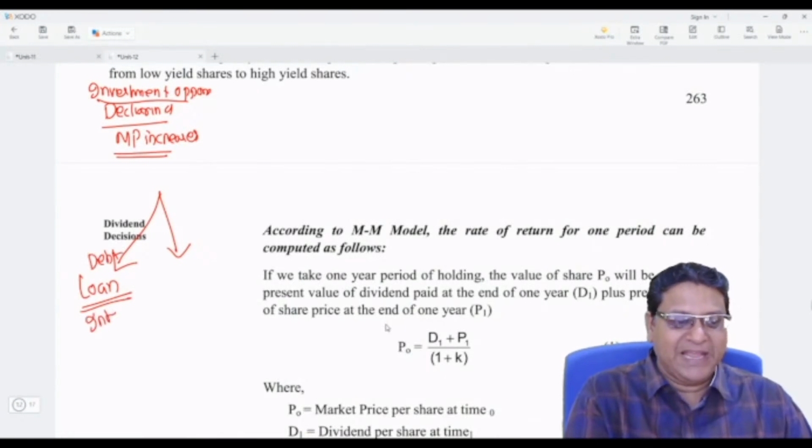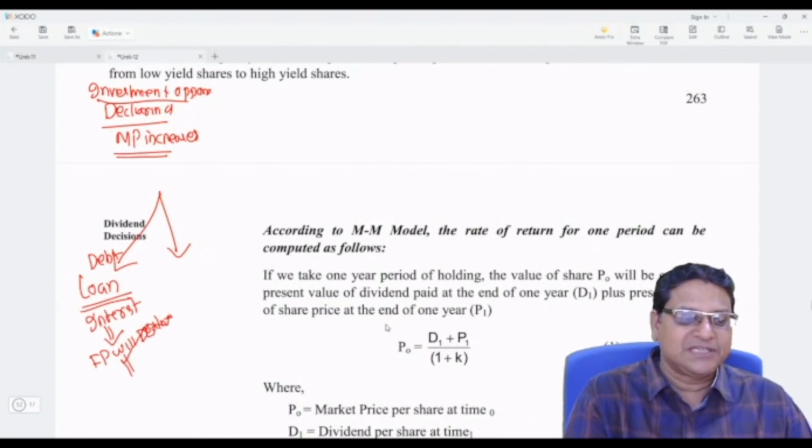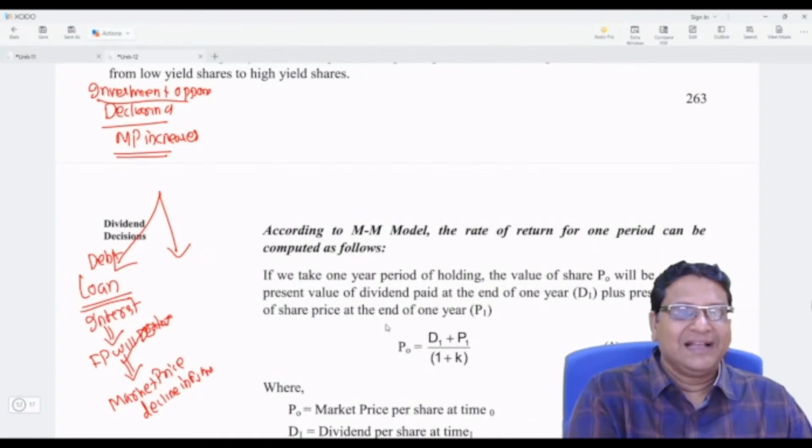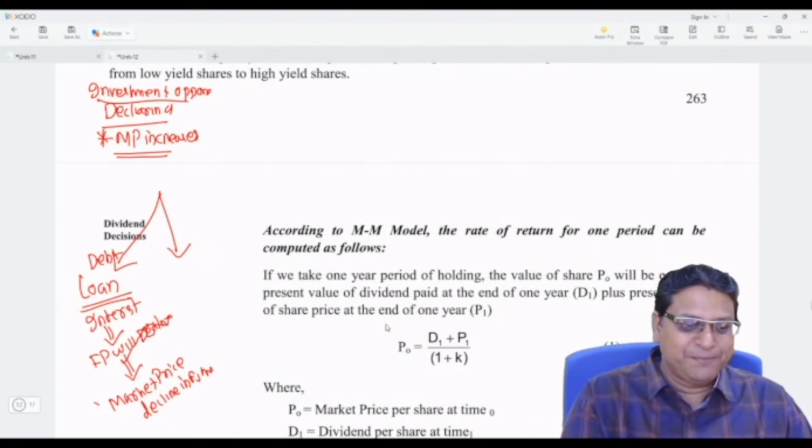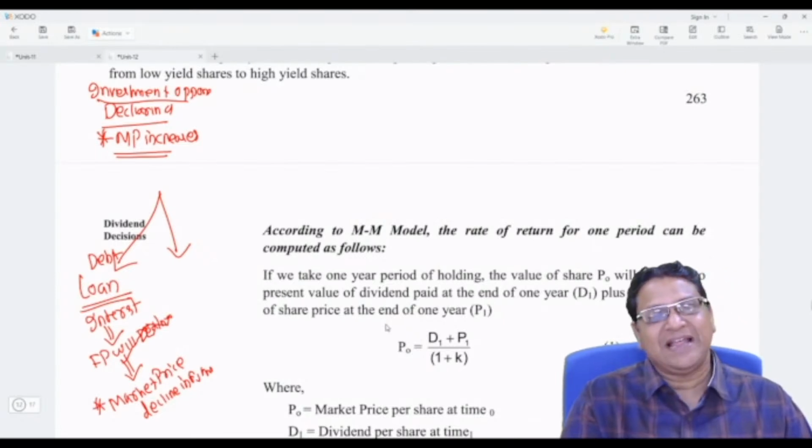And if it pays interest, its future profit will decline. If future profit declines, then what will happen? Its market price will decline in future. MM tells that right now the market price increases, and in future the market price declines.